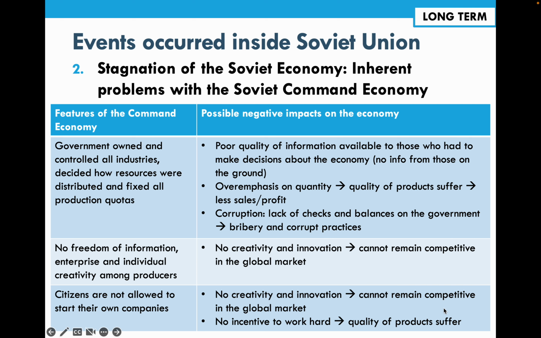Initially the Soviet economy was doing well in the early 1970s, but it began to stagnate later on because of the flaws of the command economy. The main difference resided in how resource allocation was decided.